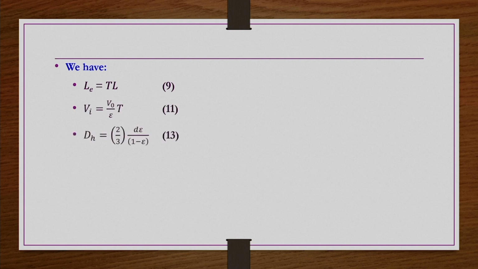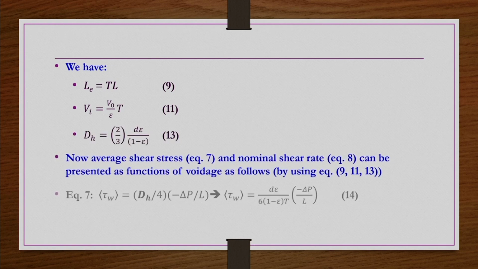Okay. So, now Le, the effective length, we already got as T multiplied by L, the height of the packing. Vi, the interstitial velocity, we got as V naught by epsilon multiplied by T, and dH we got as 2 by 3 d epsilon by 1 minus epsilon. So, now these 3 quantities we are going to substitute in the average values of tau W and gamma dot Wn, right.